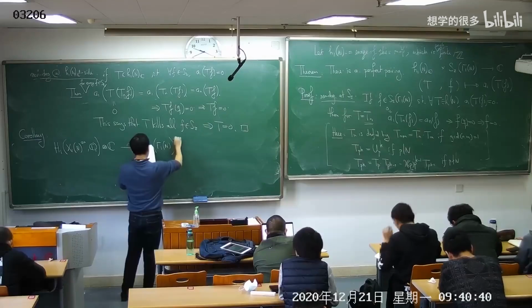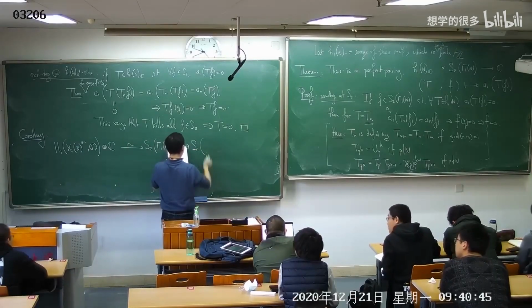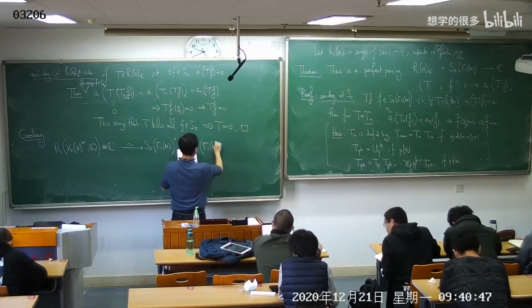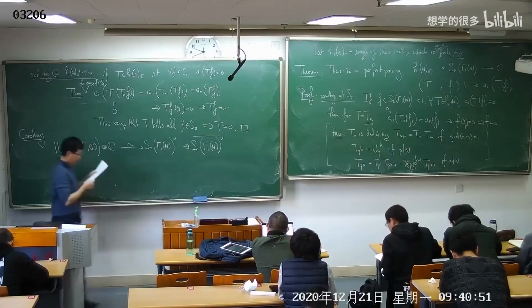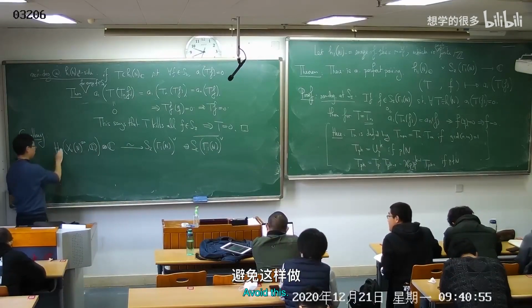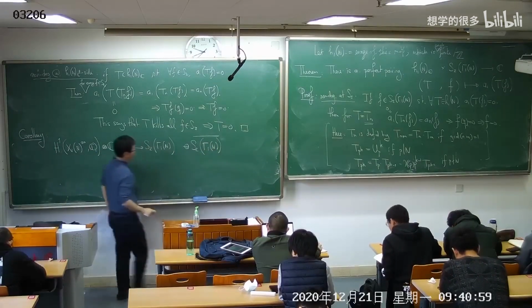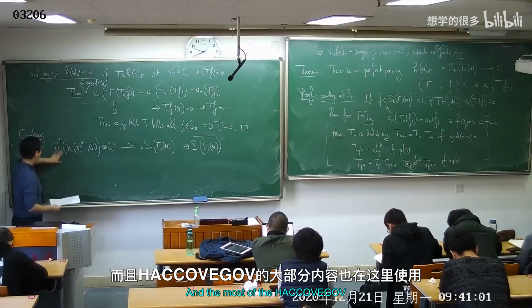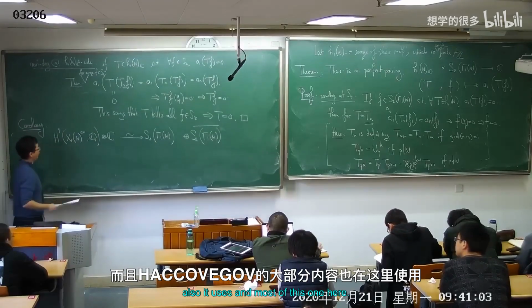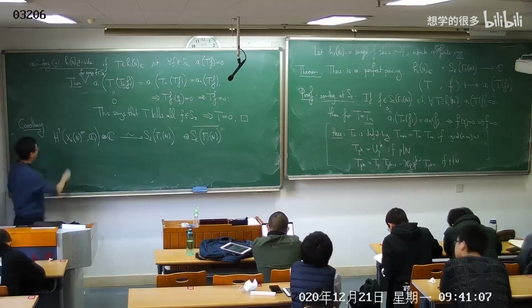It's a bit annoying. Why don't I change to the cohomology version? Avoid this issue. Okay, because the Jacobian will also induce this. Okay, so what do we have here?